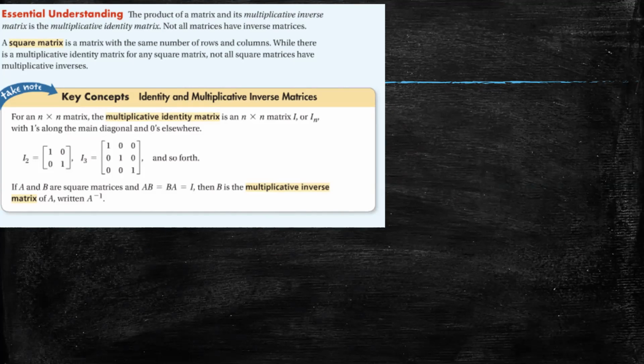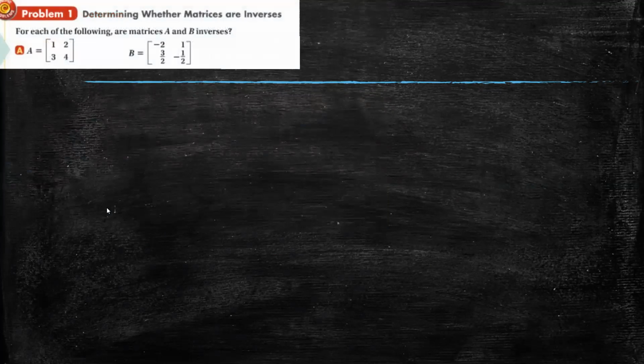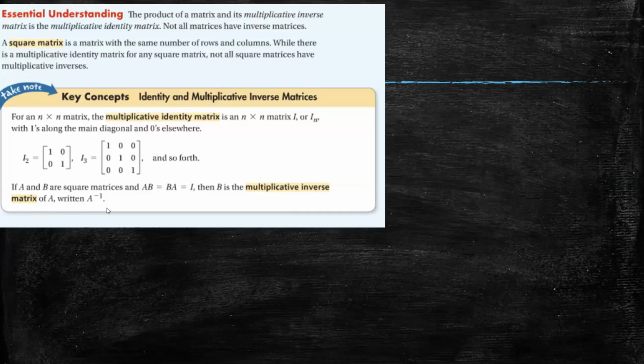So if we want to say that this matrix is a square, it must be 2 by 2 or 3 by 3 or n by n. And not all square matrices have an inverse.